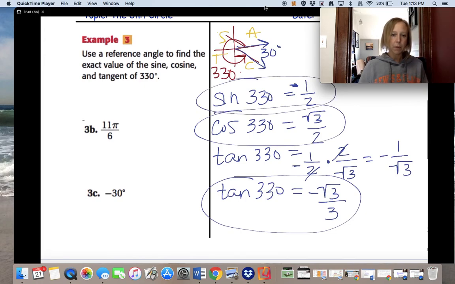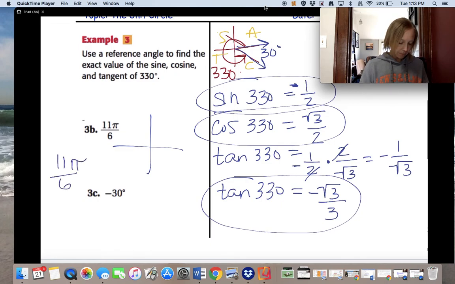Let's try it with a couple other ones. 11 pi over 6. All right, remember this is 2 pi all the way around. So 11 pi over 6 is just 1 pi over 6 away from being 2 pi.